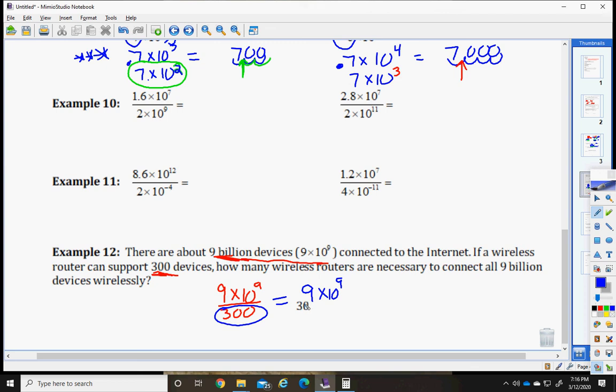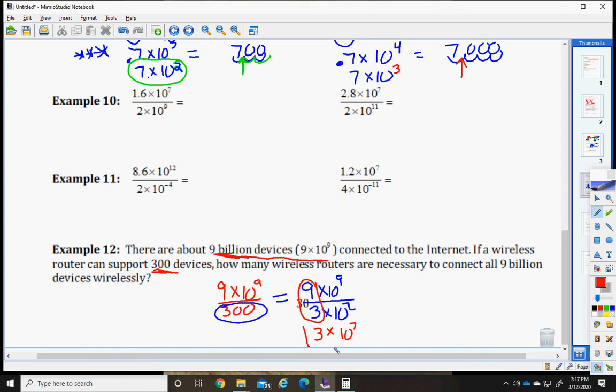Okay. Divided by, instead of writing 300, I'm going to write 3 times 10 to the 2nd power. Now this actually makes my division easier. I can divide 9 and 3. And 10 to the 9th divided by 10 to the 2nd is 10 to the 7th power.